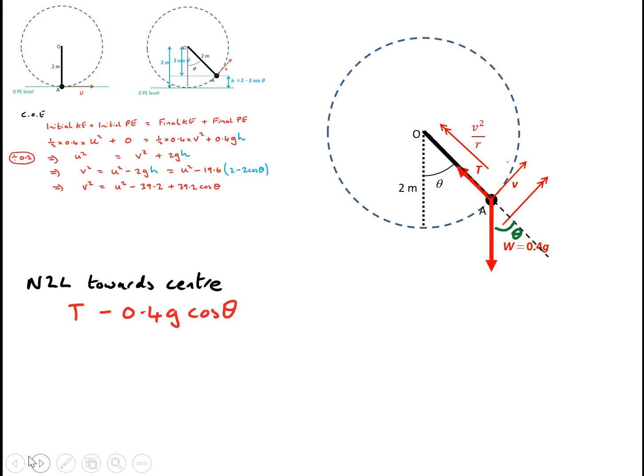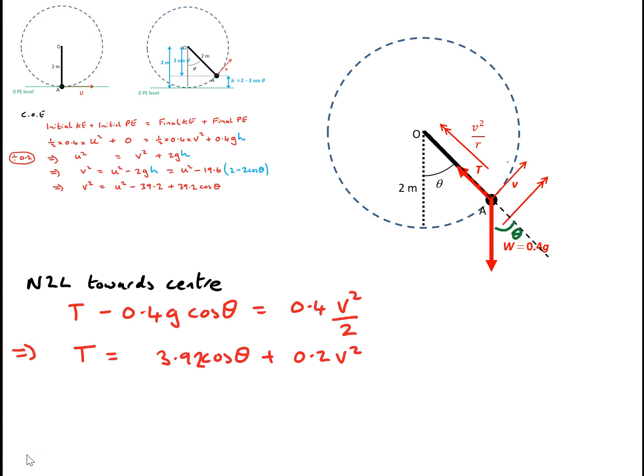And the resultant force must equal the mass times the acceleration towards the centre, which is m times v squared over r, but we know that m is 0.4 and r is 2, so that's going to be 0.4 times v squared divided by 2. In other words, we've got T equals 0.4 g, that's 3.92, times cos theta, plus 0.2 v squared.